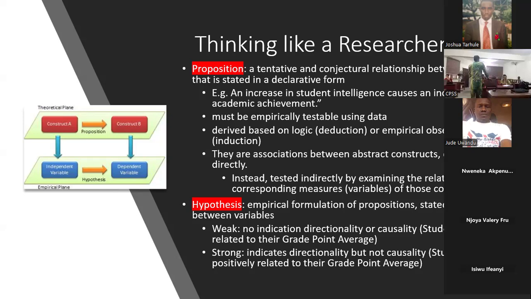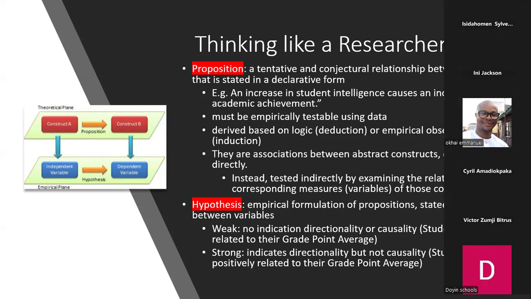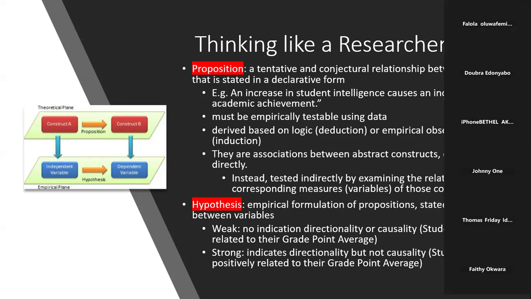Once you have a proposition, you can turn it now to the empirical formulation. It's alternative empirical formulation, whereby you now turn it into such form that can be tested. Proposition cannot be tested.